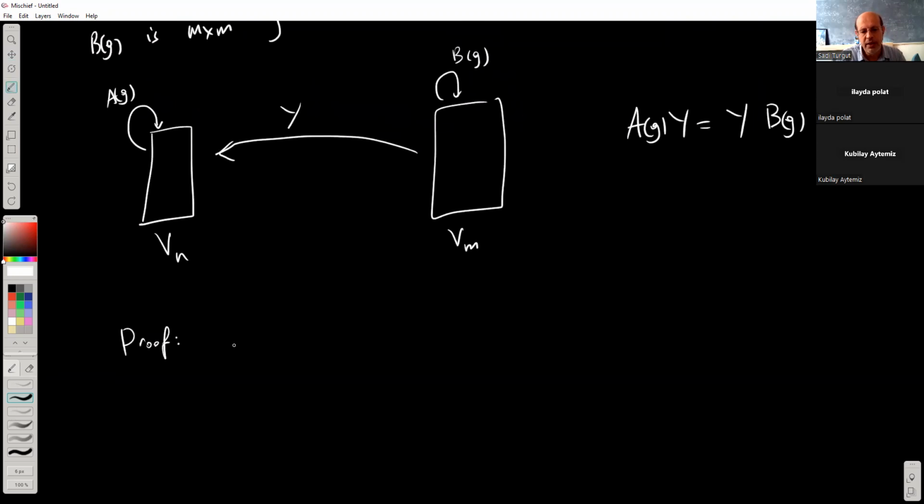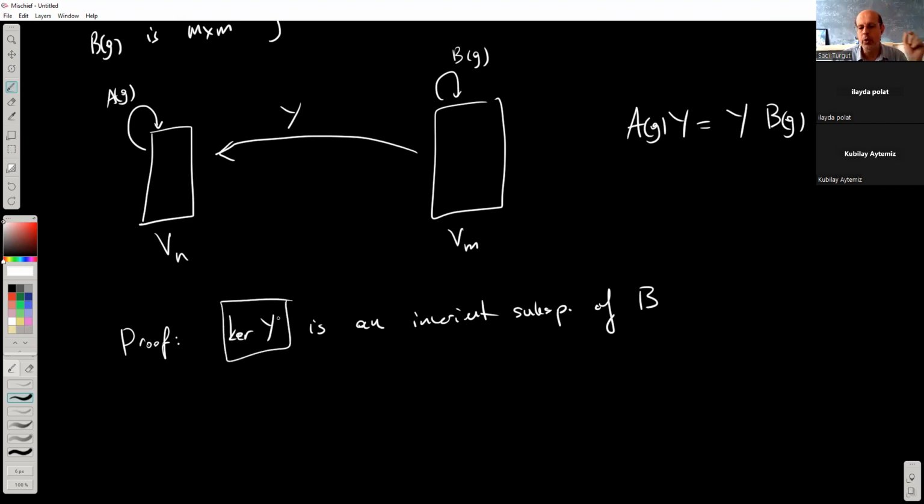Okay, so the proof goes like that. First of all, you can show that the kernel of Y, which is the subspace where Y maps the vectors to the zero vector, is an invariant subspace of B. Which means, since B is irreducible, that either the kernel of Y is the zero subspace or the full space.